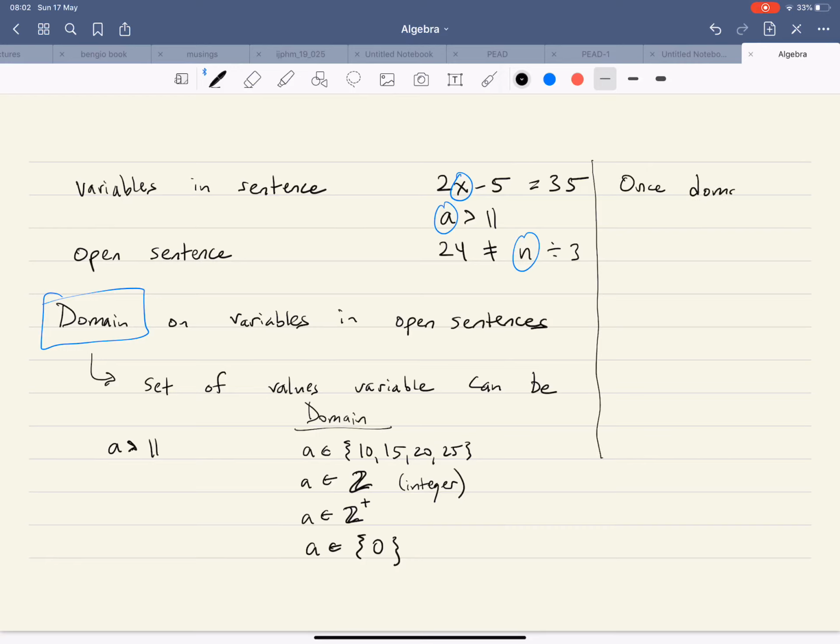Once the domain is specified, there will be a subset of the domain that satisfies the expression.